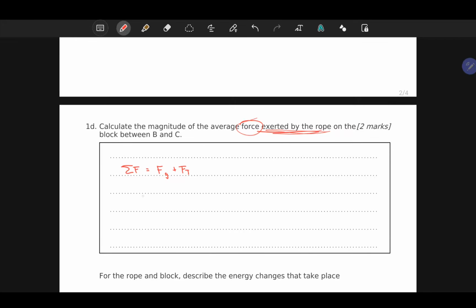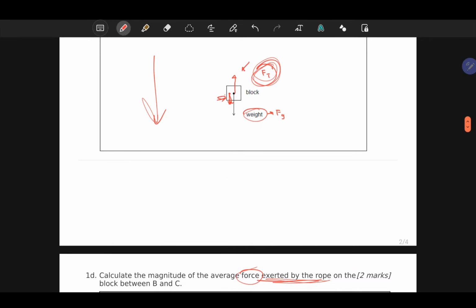So from this relationship, we can just derive what the tension force is going to be. So the tension force, if we move everything to the other side, is going to be the resultant force minus the force by gravity, which is also known as weight, right? You can write that as weight because it's referred to as weight here.